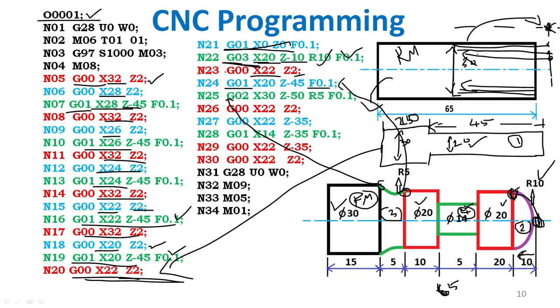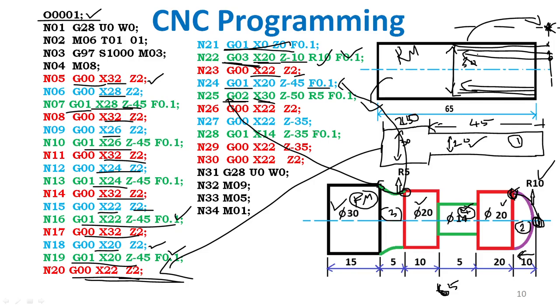G02 is the interpolation for clockwise direction. G03 is the counter clockwise direction, and this is the clockwise direction, CW and CCW. G02 means clockwise direction, X30. So the tool completes here.